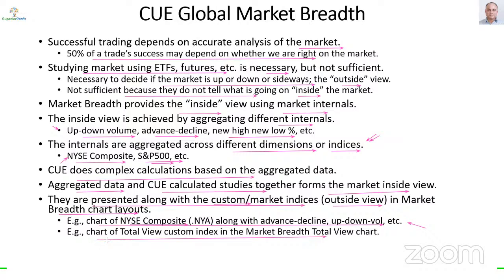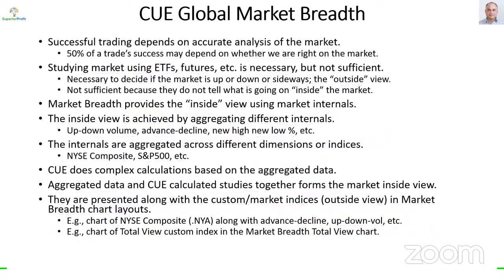They are calculated not on one dimension, but on multiple dimensions. So we have different kinds of layouts. One is the total view, combines multiple indices, provides overall market breadth view, and then we can drill down into individual dimensions. It can be composite or it can be major indices. We'll go through much more detail of this in today's session. It's going to be a long session.